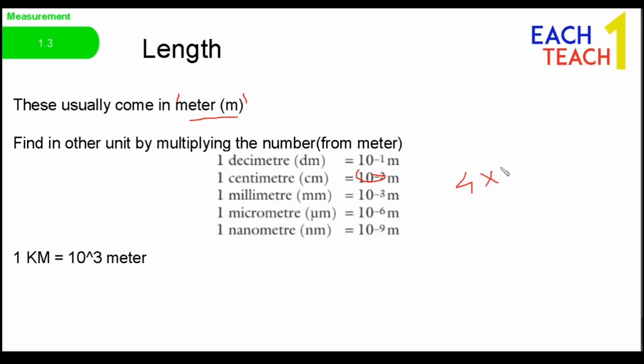If you're using a calculator, you have a specific button for it. Doing this will show me the centimeter. Okay? 4 meter in centimeter, I can find it out like that. And 1 kilometer is equal to 10 raised to 3 meters.